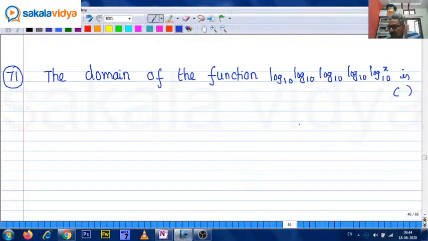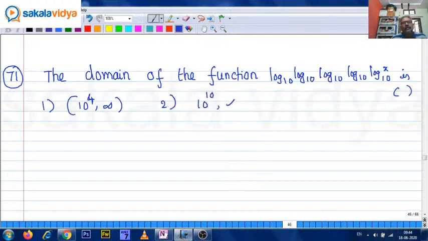First option, 10 to the power of 4 to infinity. Second, 10 to the power of 10 to infinity. Third, 10 to the power of 10 to the power of 10 to the power of 10 to infinity.